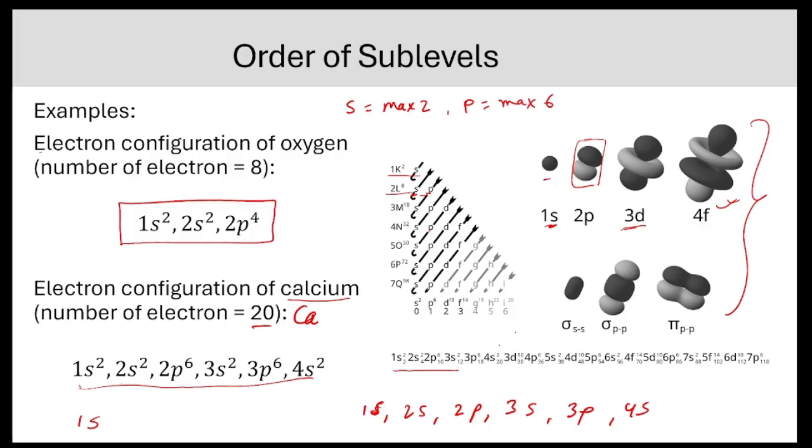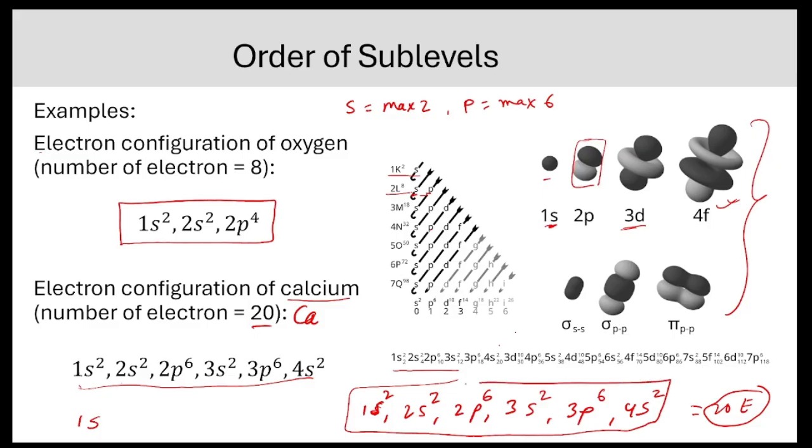So 1s is 2, then again this is s, we can have a maximum of 2, and p can have a maximum of 6, s can have a maximum of 2. So this is 10, 12, and then p can have a maximum of 6, 12 plus 6 is 18, and s can have 2. So all together we have 20 electrons. So the electron configuration of calcium will look like this.